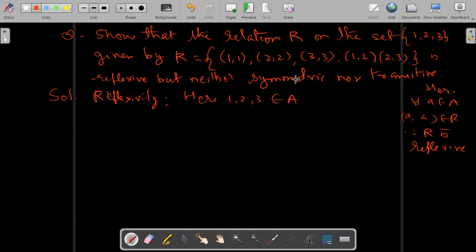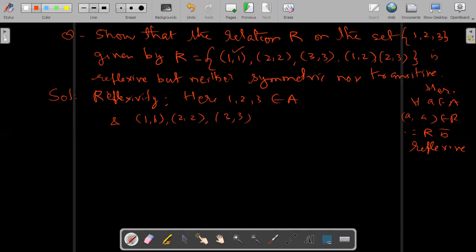1, 1 is there, 2, 2 is also there, and 3, 3 is also there.